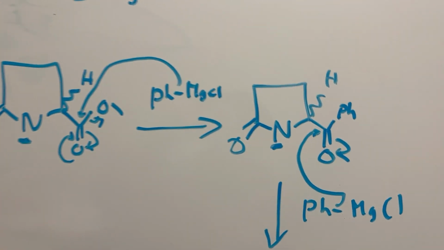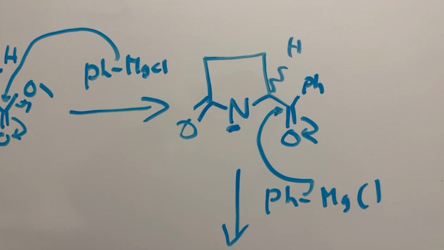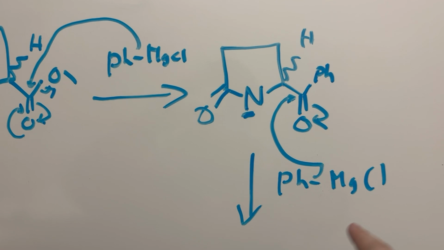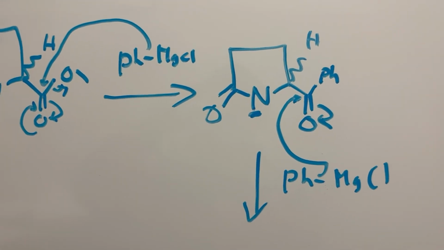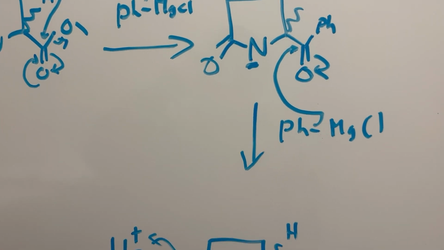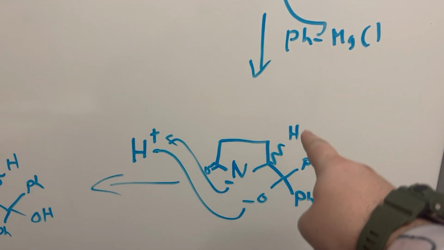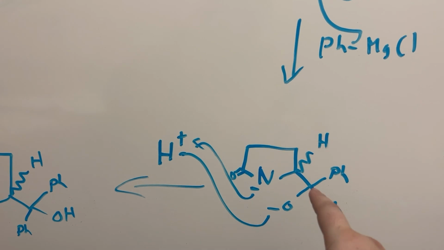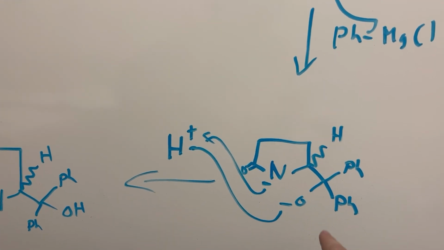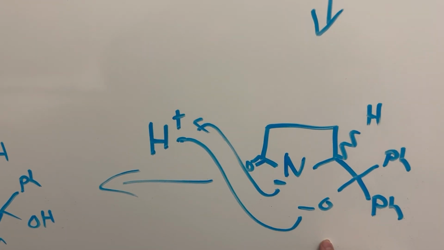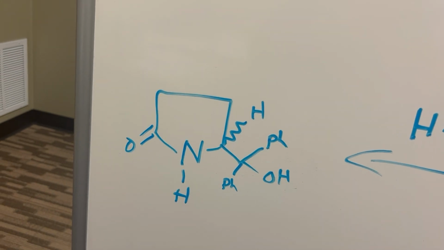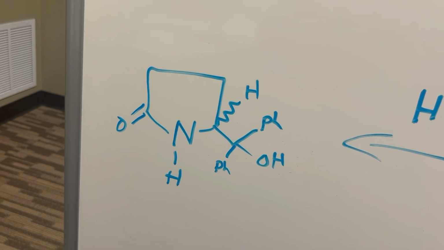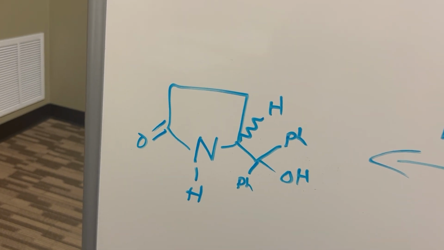Then you have one phenyl group after that, and the Grignard can do another addition to that ketone, and you end up with 2 phenyl additions. Then you have the proton workup to neutralize the negative charges on both nitrogen and oxygen. Then you end with the 2 phenyls with the alcohol and the amide reprotonated.